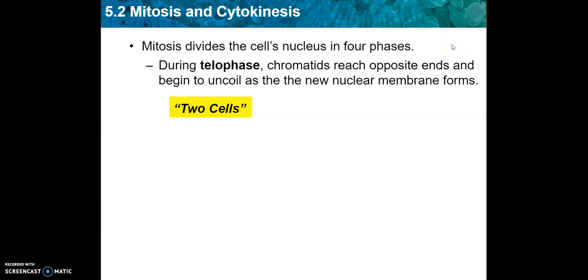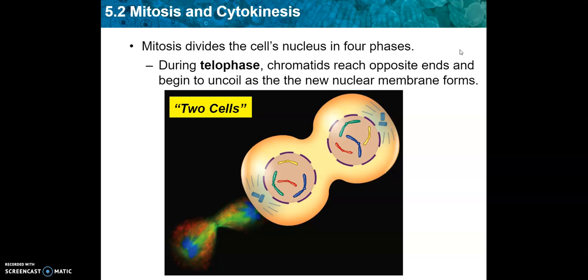And then finally we have telophase, the final stage of mitosis. During telophase, we have 2 cells becoming apparent. Chromatids reach the opposite ends. They start to uncoil as the new nuclear membrane forms. We see that cleavage forming, because remember, cleavage means crack in science, no matter what science you're in. In animal cells, we see this cleavage furrow.